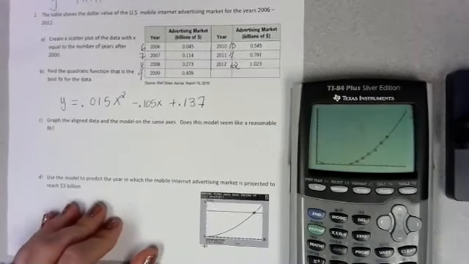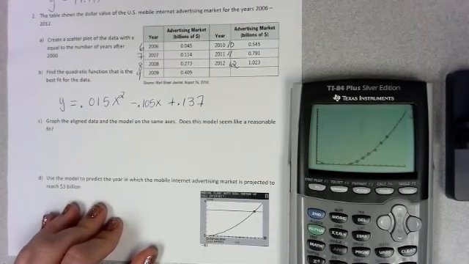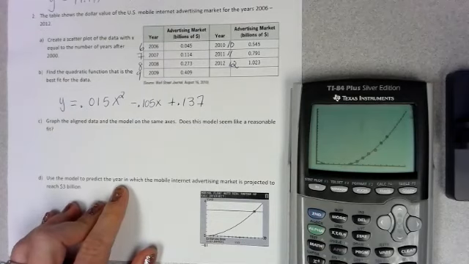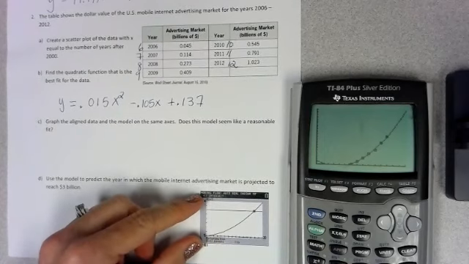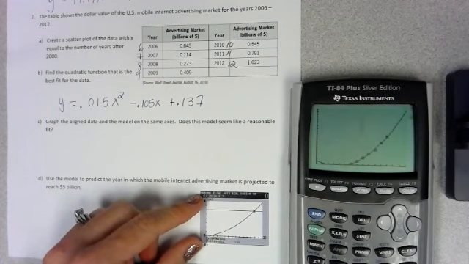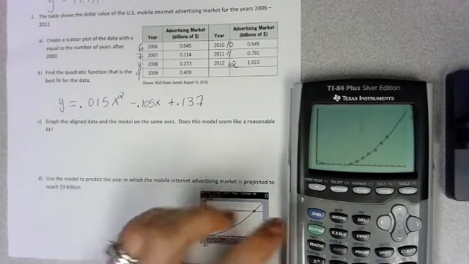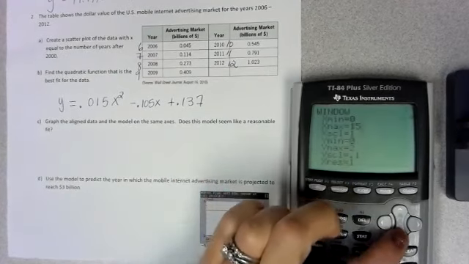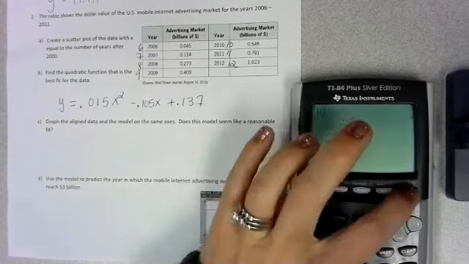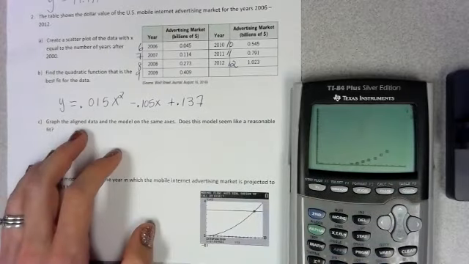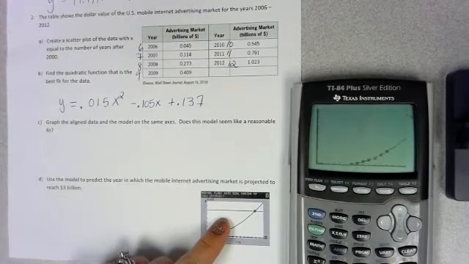Now this last question says, use the model to predict the year in which the internet is projected to reach 3 billion. So there's a little screenshot here of what we're looking for. And I'm going to need to change my window to find that, because right now my value only goes up to 2. So let's go ahead and make it go up to 4. And I want to find when this is going to be 3 billion.